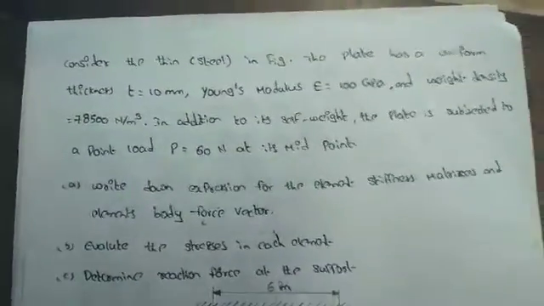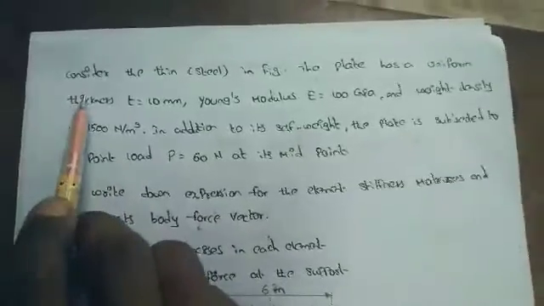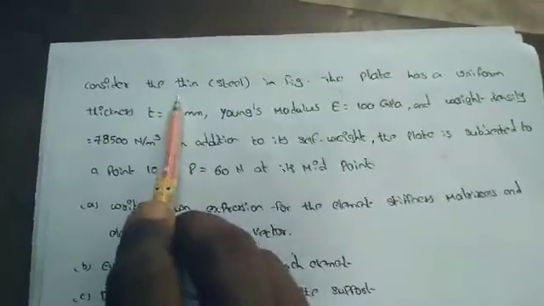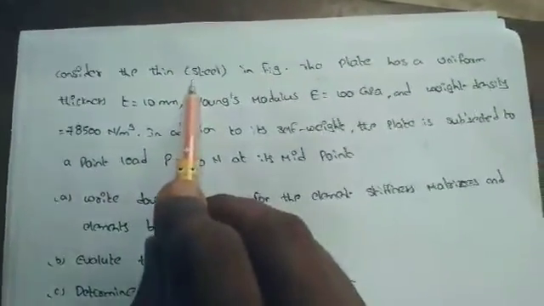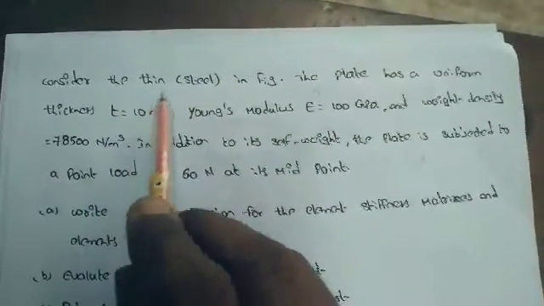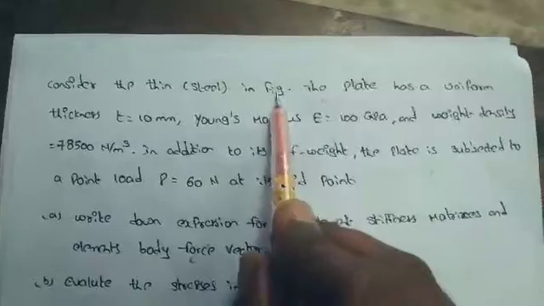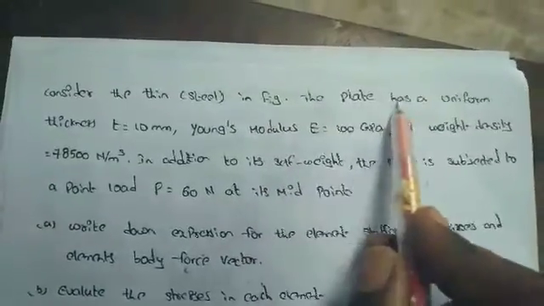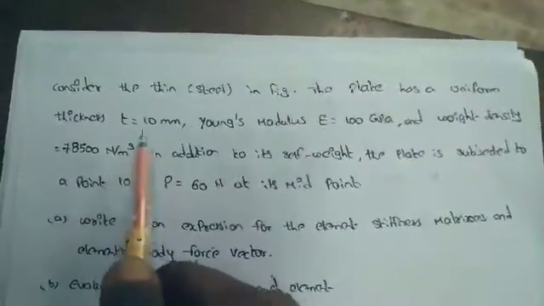Okay guys, the problem is, consider a thin steel plate. What is the material of the bar element? It is steel. Consider a thin steel plate as shown in the figure.